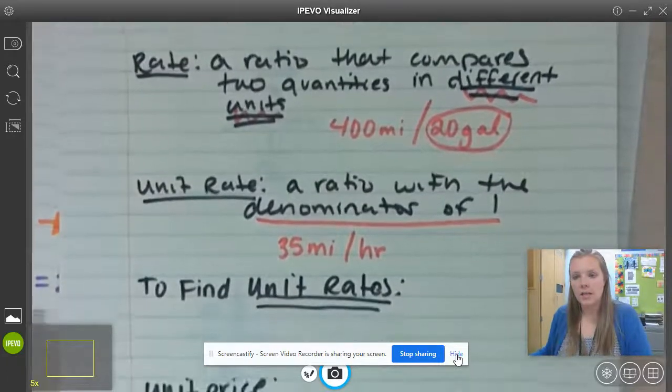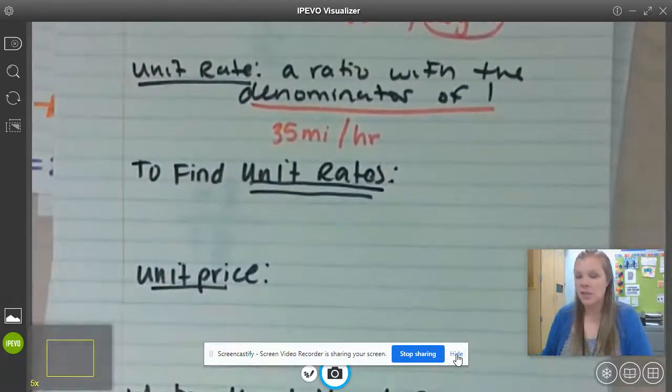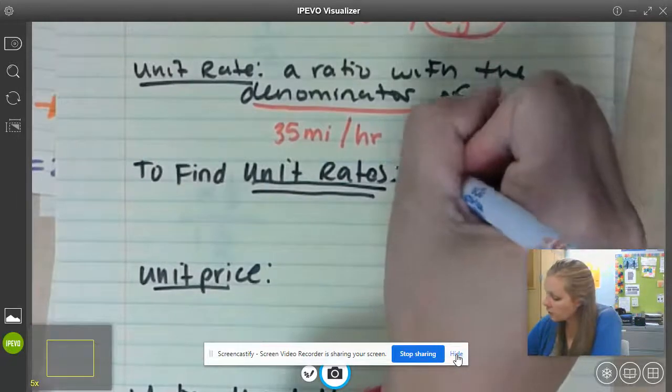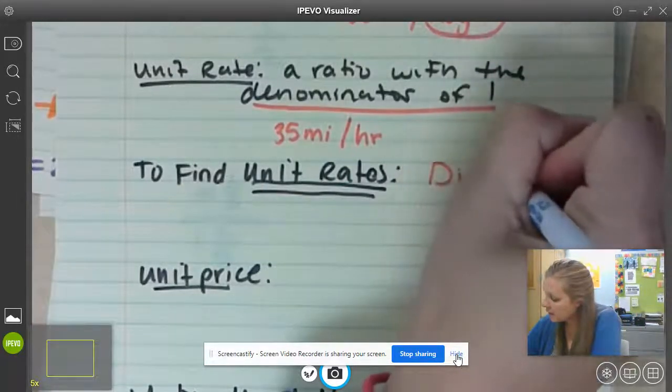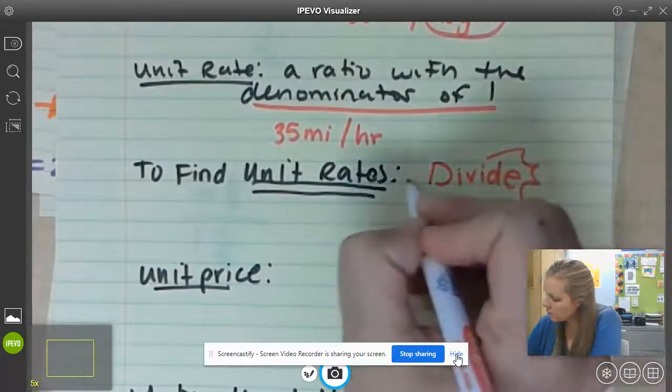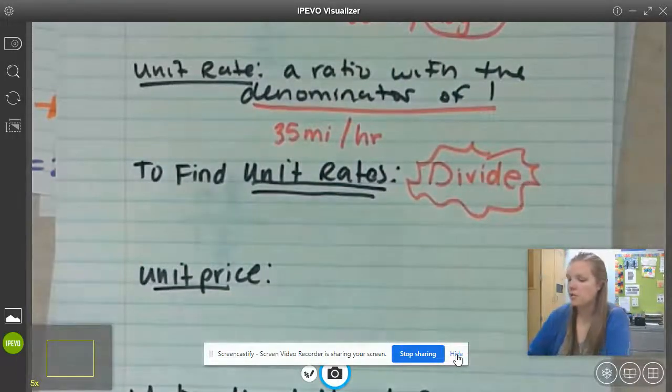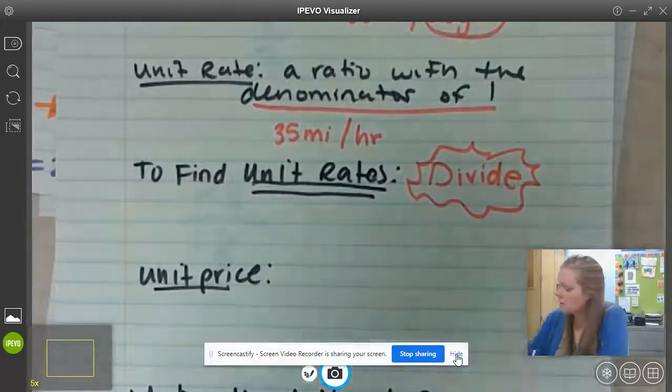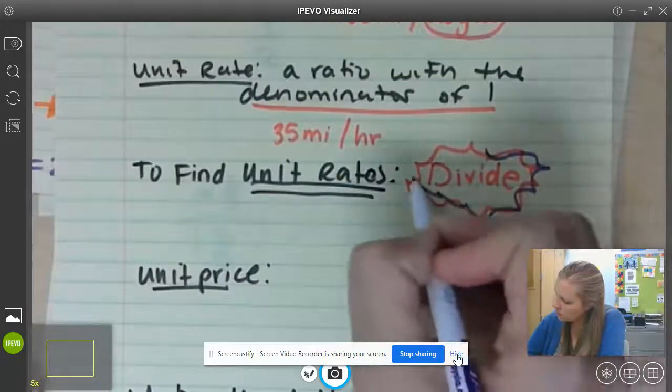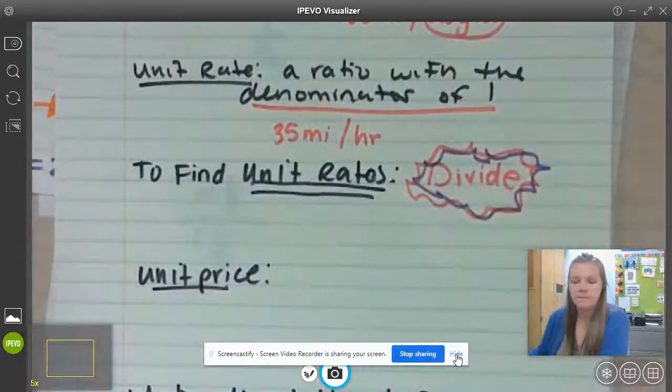Our overall goal today is going to be to find unit rates. And to find unit rates, you're going to divide. I can make that more glamorous. Woohoo! You're going to do division.